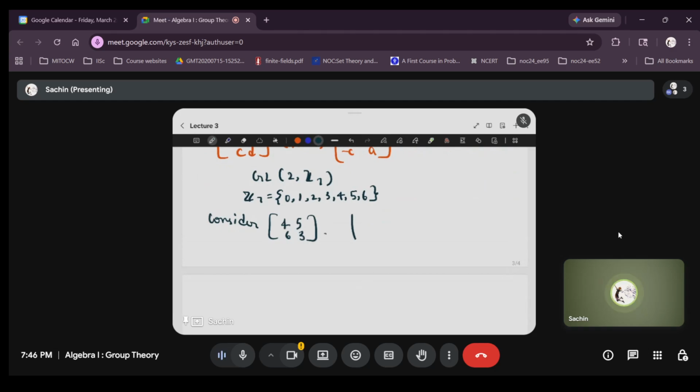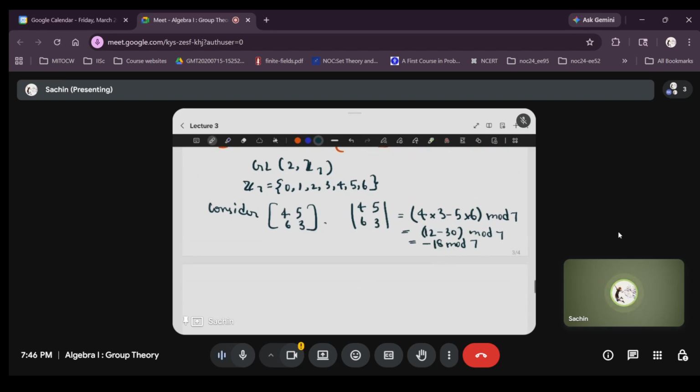Now, the determinant of this matrix 4, 5, 6, 3 is, this is notation for determinant, 4 into 3 minus 5 into 6 modulo 7. So this is 12 minus 30 mod 7, which is minus 18 mod 7. And minus 18 mod 7 is 3.